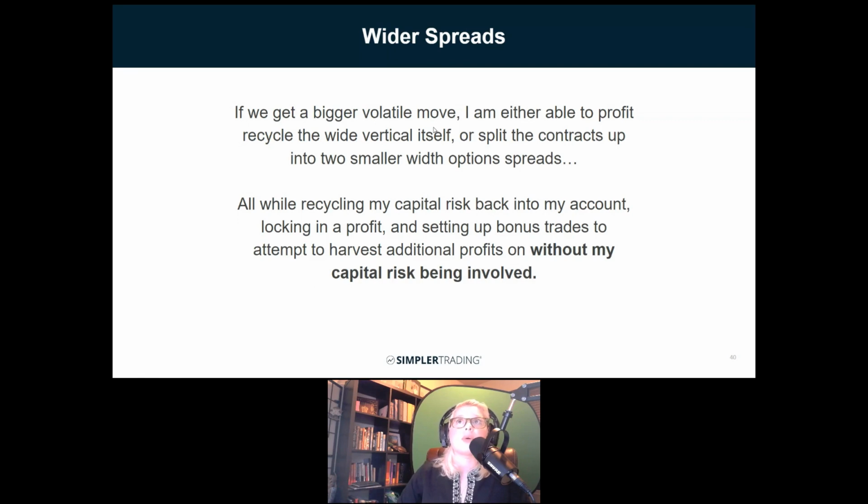And all of this, of course, is while recycling capital back into my account, ideally locking in a profit and then setting up bonus trades to attempt to harvest additional profits without any additional capital risk being involved, right? With all that capital and those initial profits locked in, being protected back in my account.